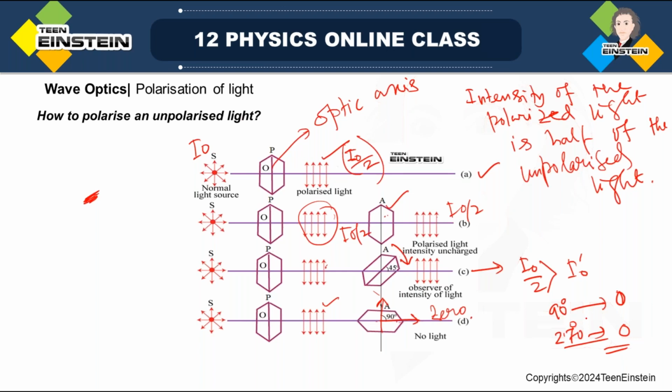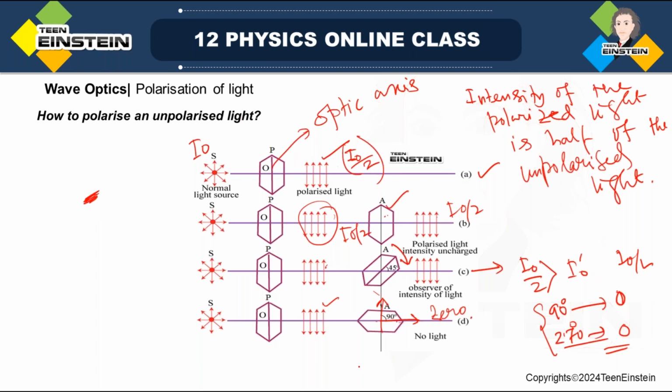So at two places you will see the maximum intensity, I0 by 2, and at two other places the intensity will be 0.